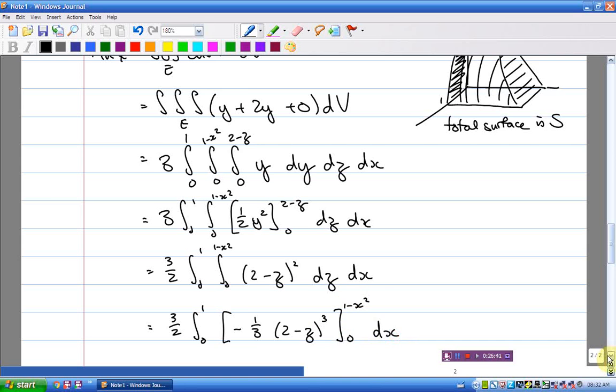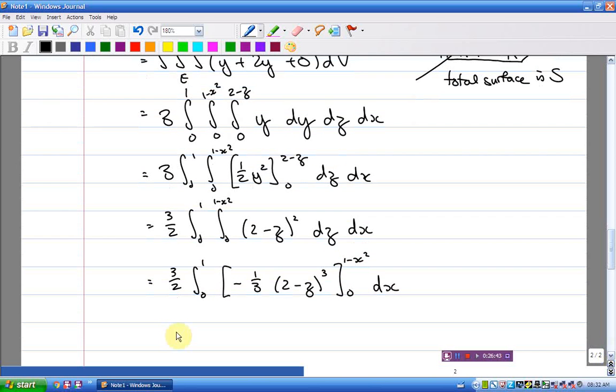That's based on having done lots and lots of chain rule and basically just recognizing the forms. Okay, the 3s cancel, that's minus a half. That'll be 2 minus 1 minus x squared, so it's 2 minus 1 minus x squared, so it's plus x squared cubed, subtract 2 cubed.